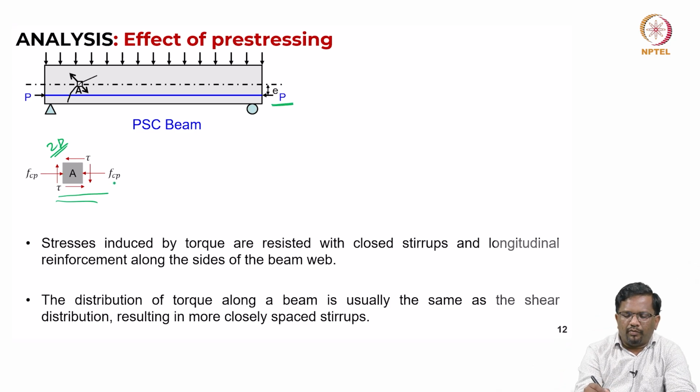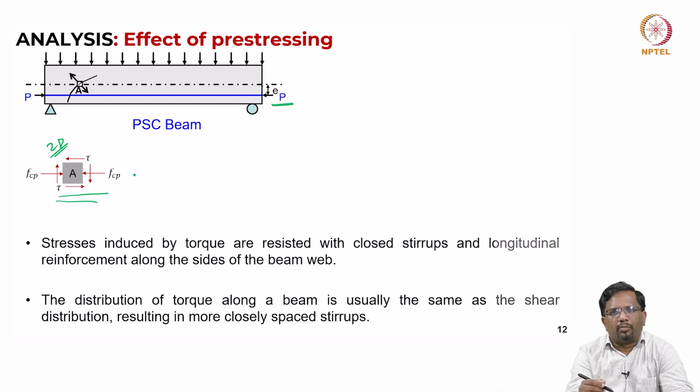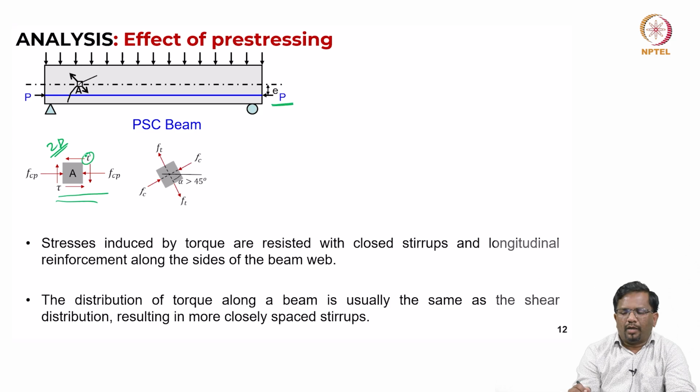You are going to have axial normal stress from pre-stressing. In addition to that, you are also going to have shear stress that will develop, that we have seen in the last lecture as well. Now, when you convert them into principal stresses, you will find that you will have principal compression in this direction, and this angle, if you take theta, we found that this is going to be less than 45 degrees.